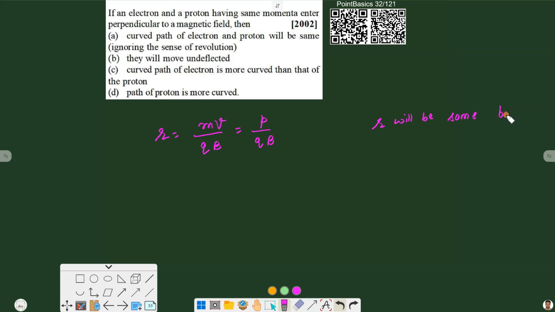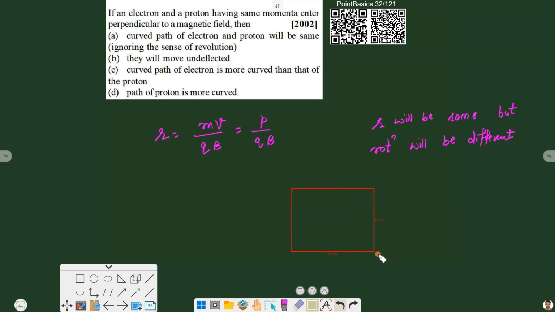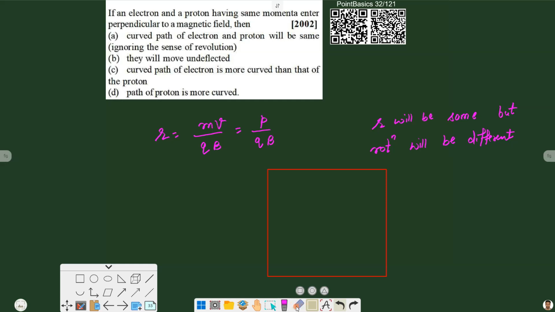but the rotation will be different. And how it will be different, let me explain. Suppose this is the region where we have the magnetic field. Now suppose there is an electron.